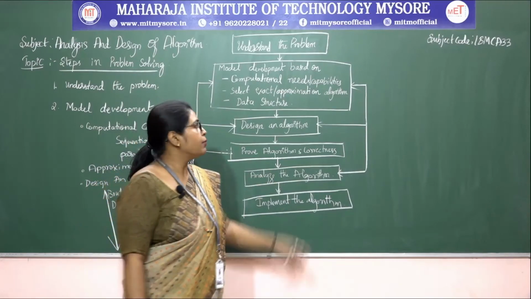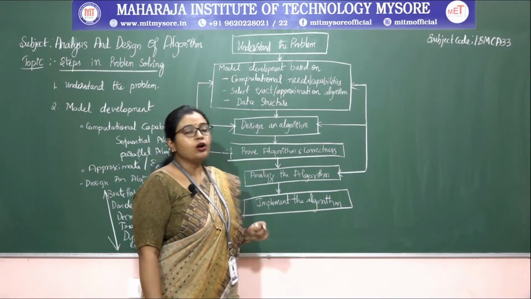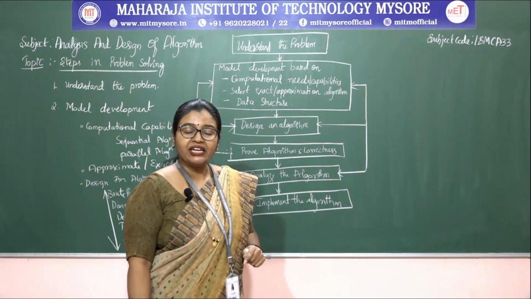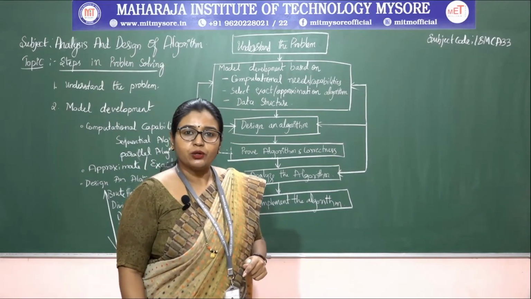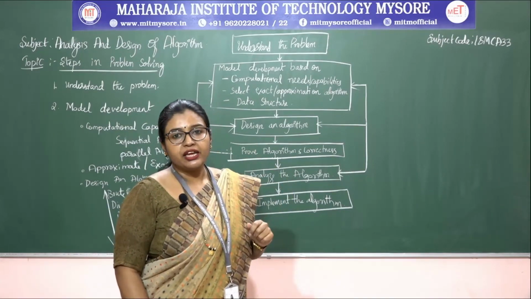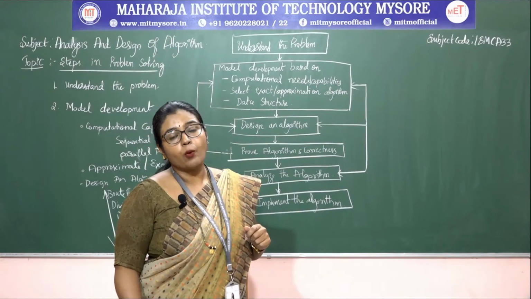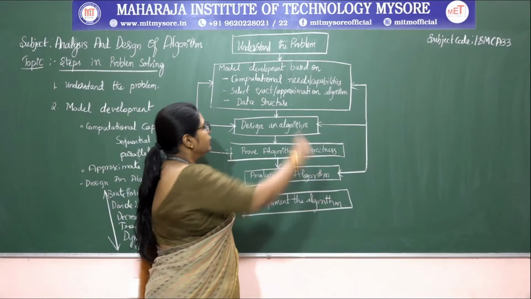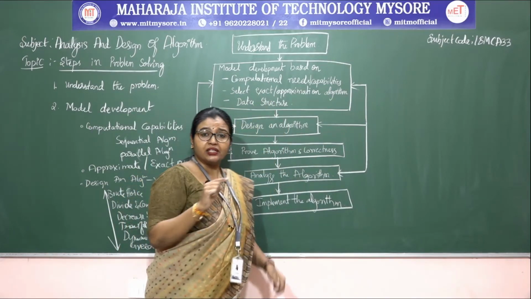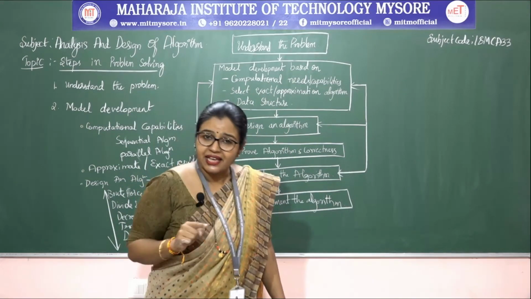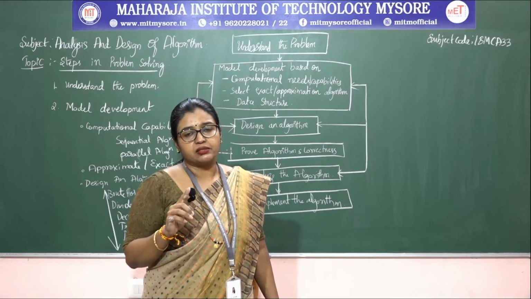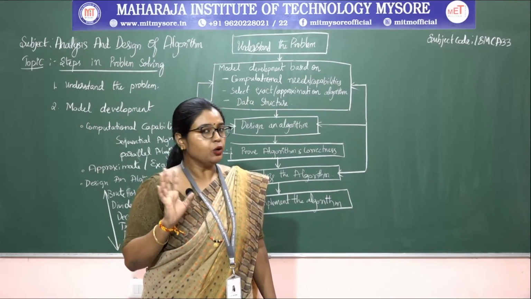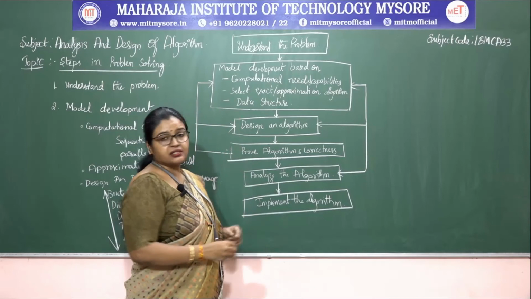And then we need to come up with an exact or approximation algorithm. As we know, in the first step itself we know the input and the output, so we know what kind of output we are expecting. For that we need to look into whether your algorithm will yield the exact result or an approximate result. Next is the data structure.